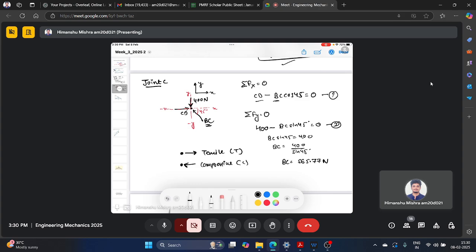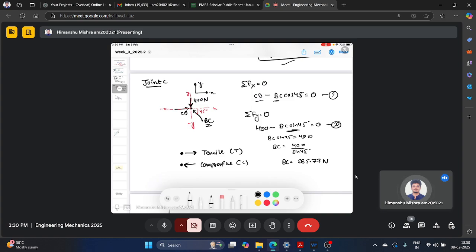Himanshu, I had a question. Would it be okay if I ask? Yeah. So the BC should be BC cos 45, no? In this case, since it is 45 degrees, it's still okay because sine and cos 45 are the same. But it should have been cos 45; at any other angle, it would be cos. You mean in this equation here? Yeah, because that's the angle.